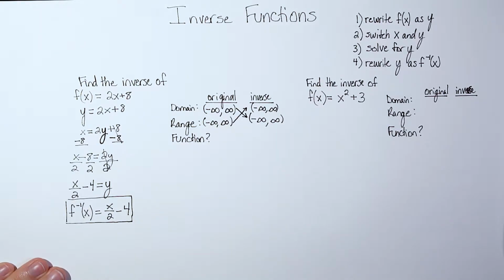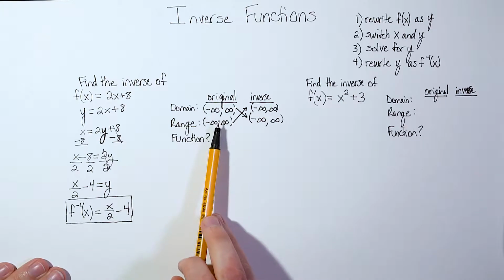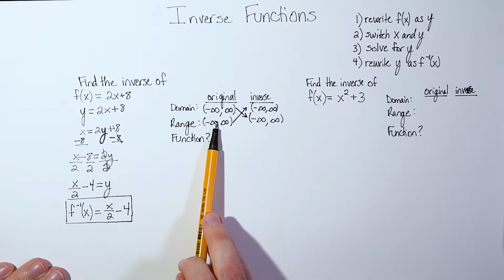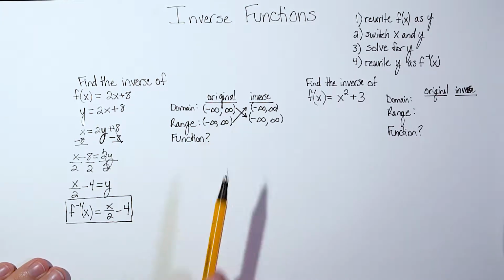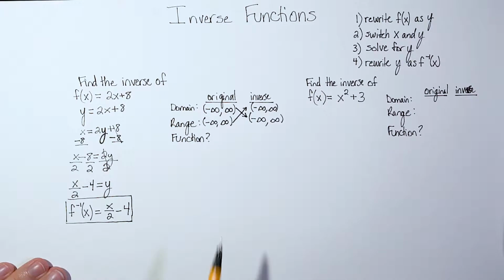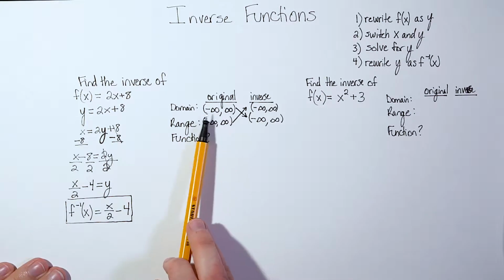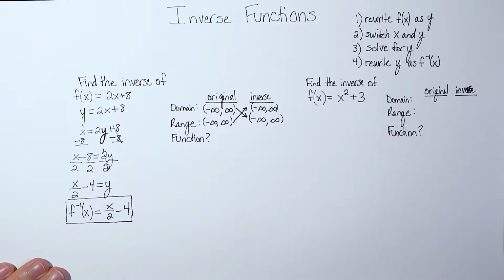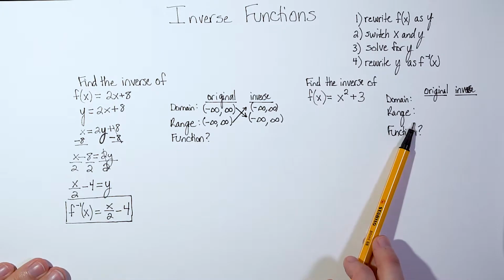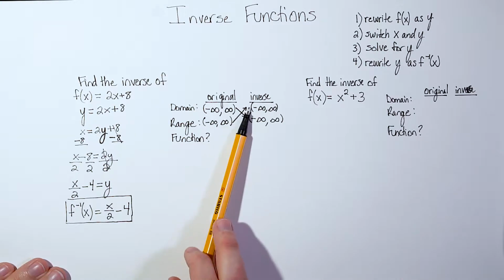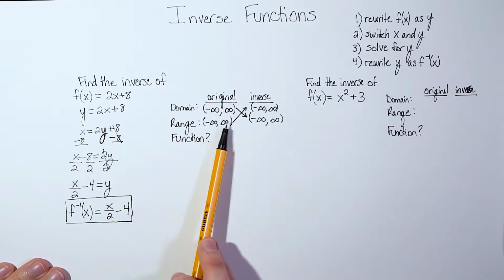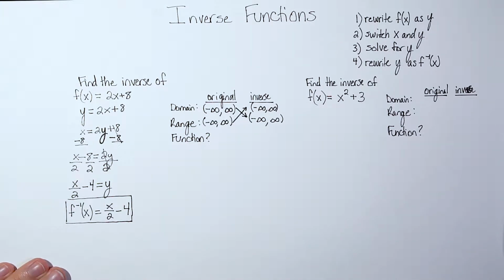Now I know most of you are probably thinking they were the same, so when you switched it, you didn't really change anything. And you're absolutely right, because for the linear function, domain and range are both all real numbers. You'll see when we do our second example that we do see a difference there, and you can clearly see that switch.